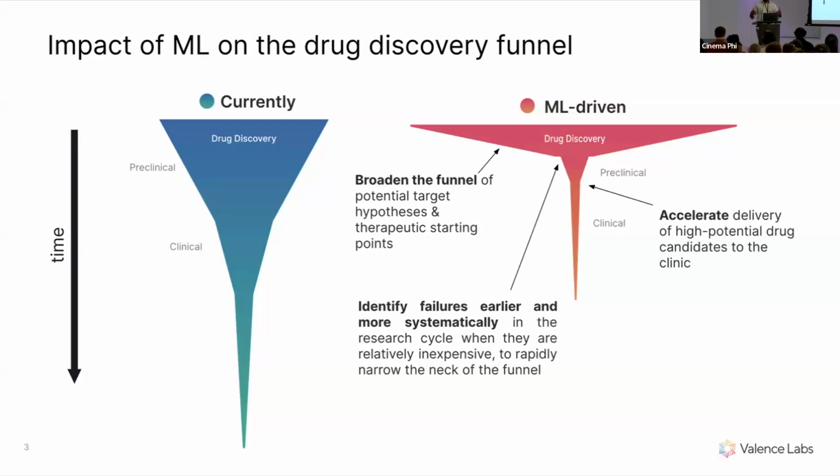That's the key impact that machine learning would like to have in drug discovery. These are things people working at the intersection of machine learning and drug discovery are working towards: accelerating the discovery process, but also increasing the number of candidates and hypotheses that we can test quickly in a short amount of time.